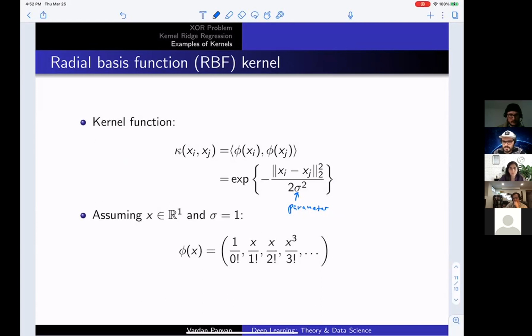However, one can show, and one does not show here, but one could show, that this kernel corresponds to a phi which is infinite dimensional. And so the phi is 1, x over 1 factorial, x squared over 2 factorial, x to the power of 3 over 3 factorial, and so on.